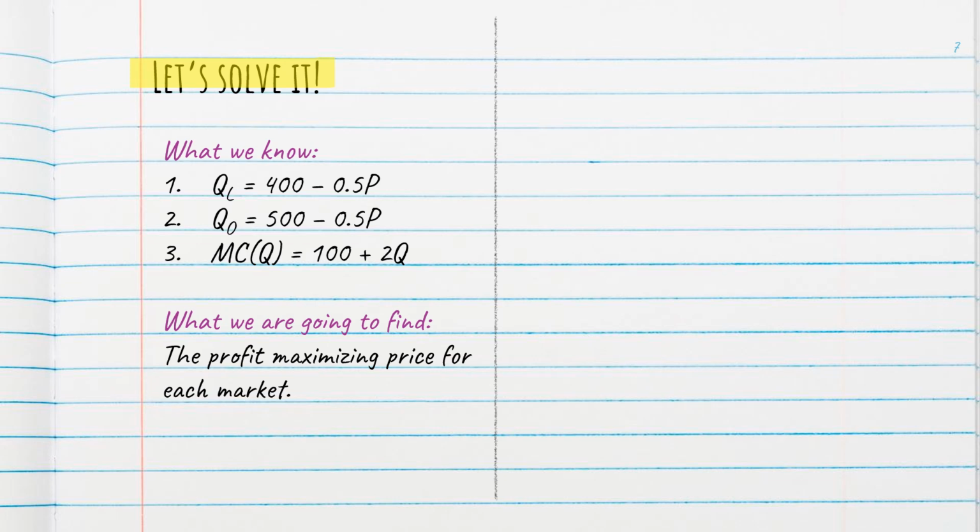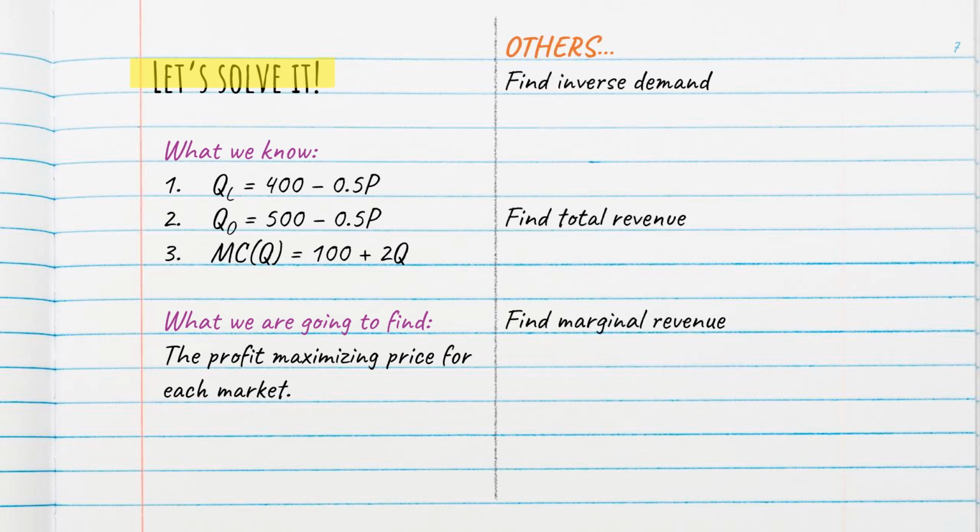We're going to quickly repeat the process here, finding inverse demand, total revenue, and marginal revenue for non-locals. Looking at our demand curve for others, we're going to invert it. We have 0.5p is equal to 500 minus Q. Multiplying by 2, we have P is equal to 1,000 minus 2Q.